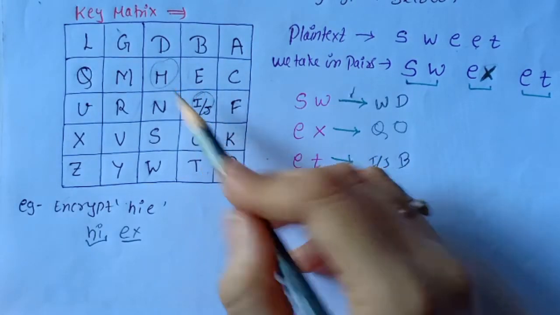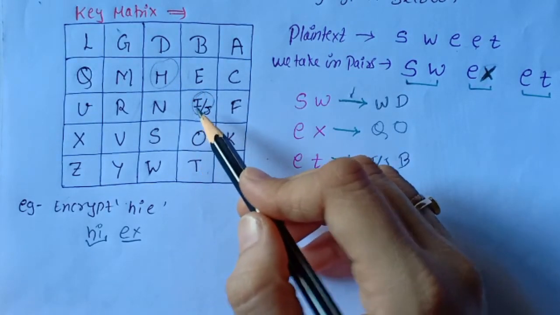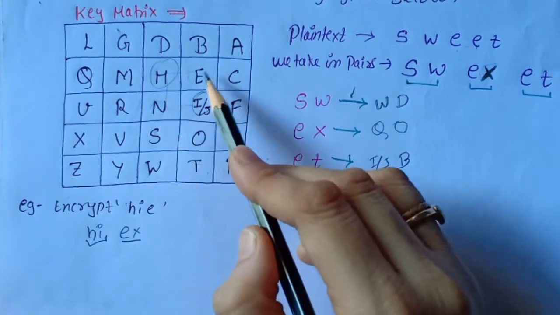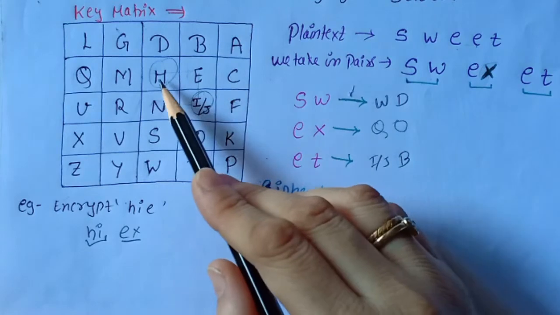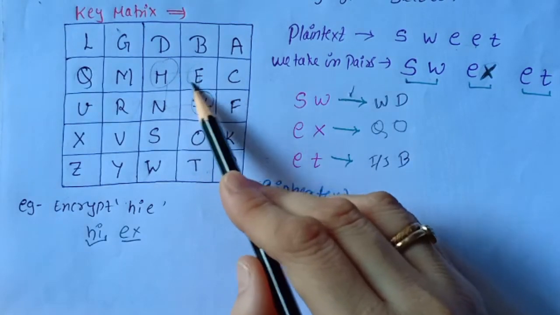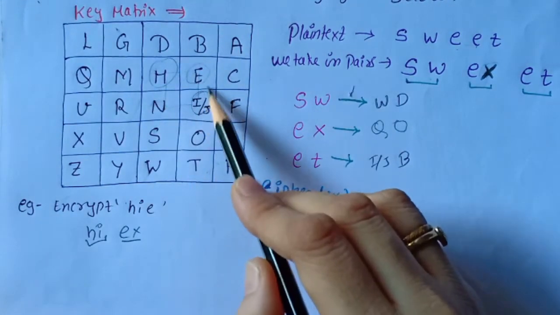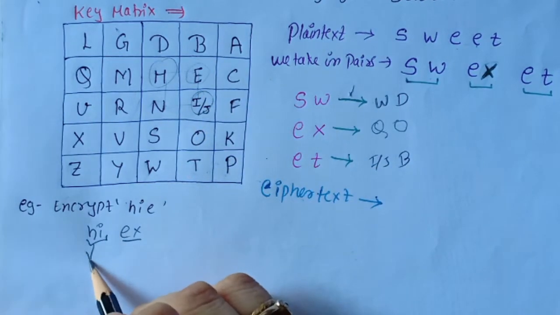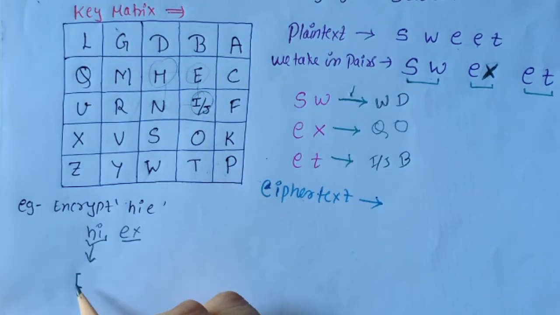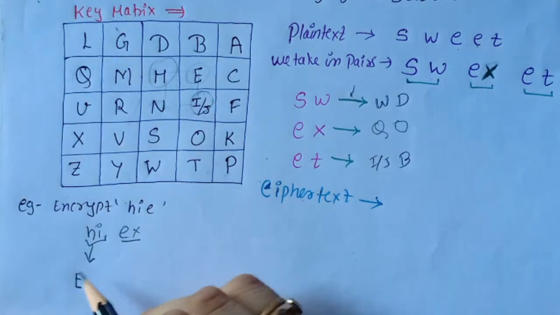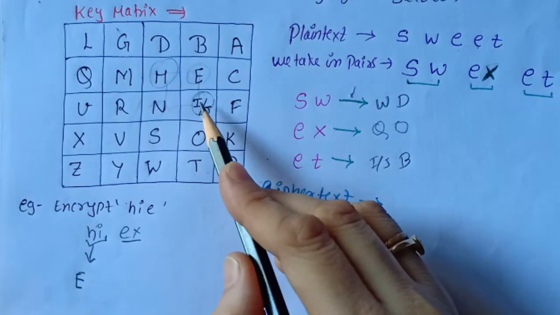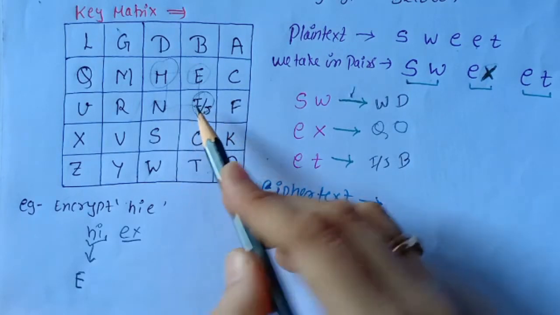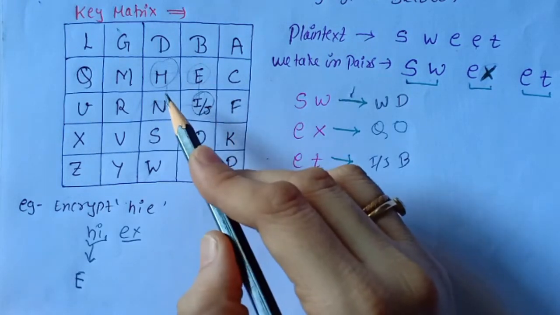These both lie in a different row and different column. So we will find the intersection. For H, E lies in the same row and has the same column as I. So we will use E as the encrypted symbol. And for I, N lies in the same row and the same column as H.